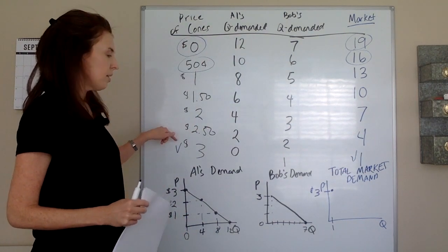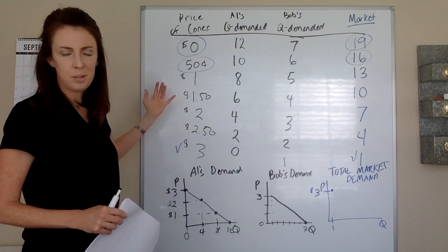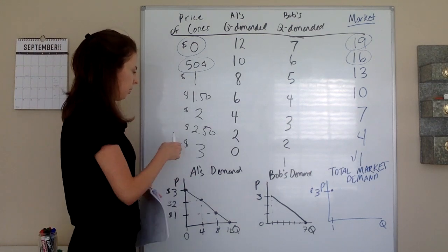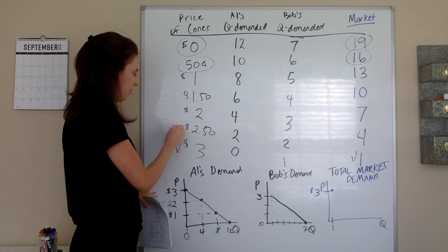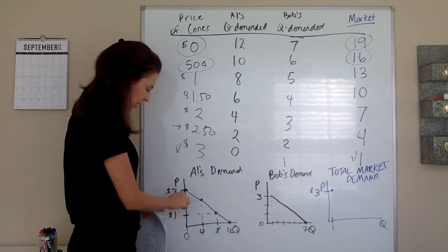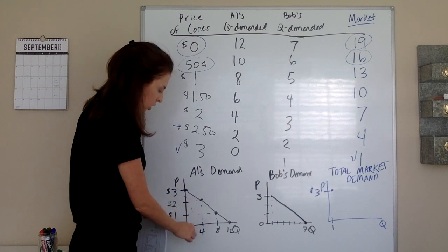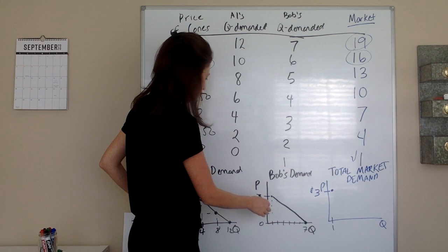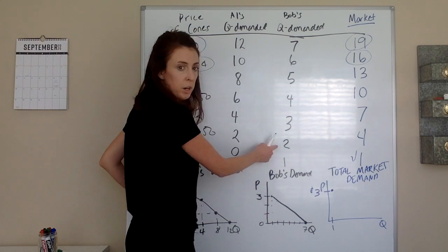Okay, we can keep on doing this all the way up or down the table, depending on which direction you want to go. So if we look at, for example, a price of $2.50, in Al's market, at a price of $2.50, he wanted 2 ice cream cones. In Bob's market, at a price of $2.50, he also wanted 2 ice cream cones.